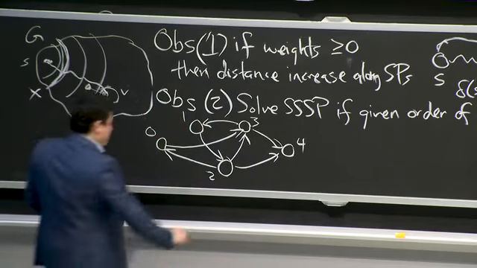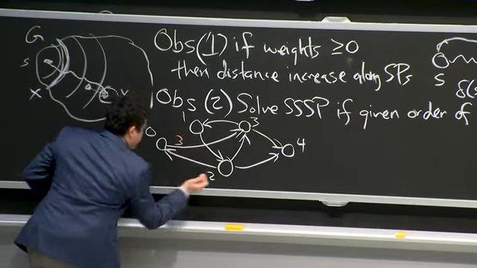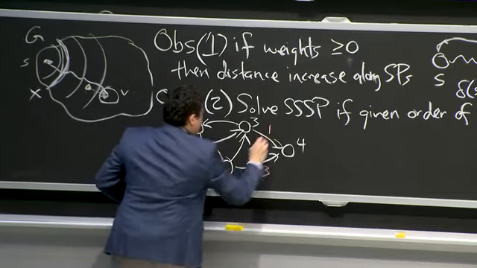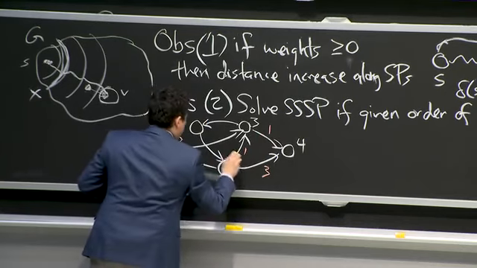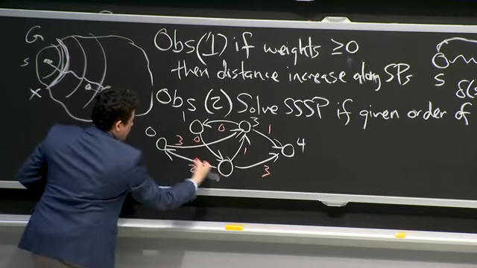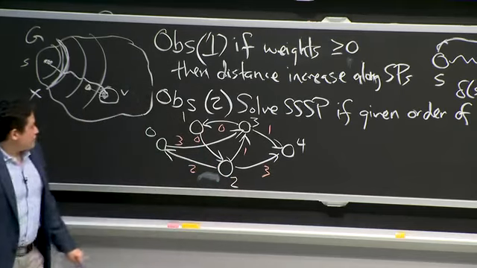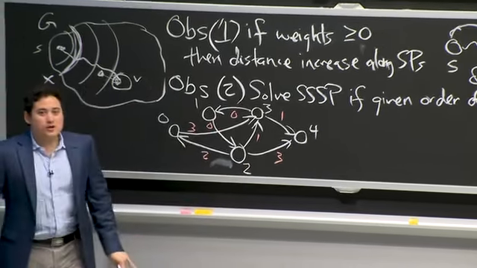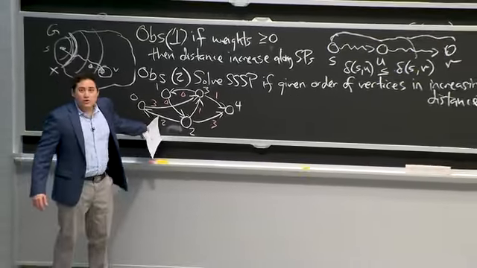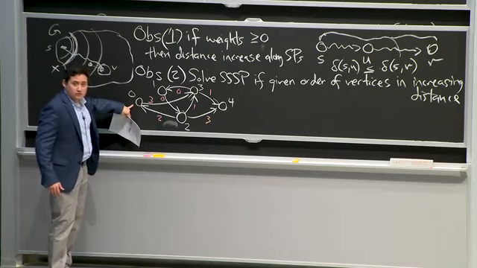Maybe I put some edge weights on here. I'm going to say this one is 3, this one is 2, this one is 3, this is 1, this is 1, this is 0, and this is 0. So from vertex 1 to 2, that edge is 0 weight. Okay, so here's a weighted graph. I don't necessarily know, I could use Bellman-Ford to find shortest paths from this vertex 0, right?